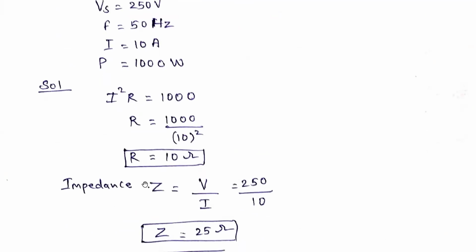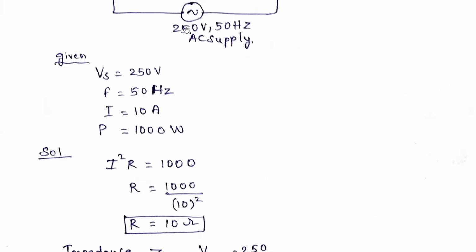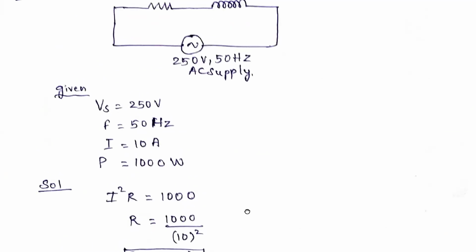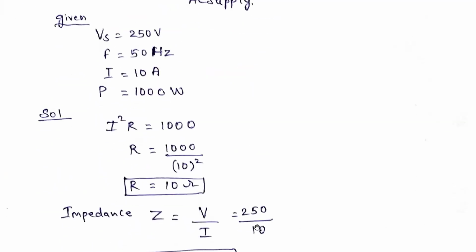Now we need to find out what is impedance, Z. Z is equal to V by I. The voltage is given as 250 divided by I, which is 10. Here power dissipated is always I squared R. Power dissipation means one resistance is consuming that power.